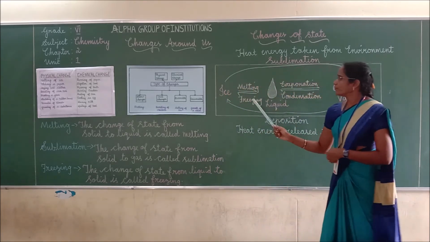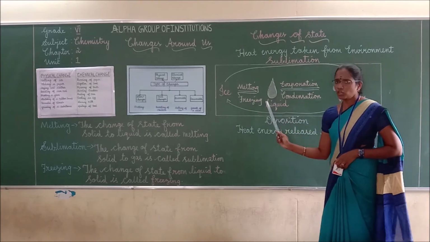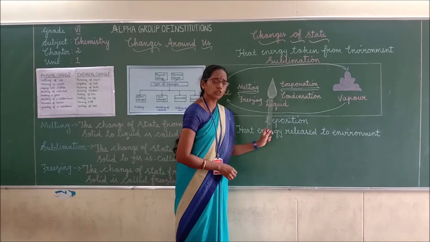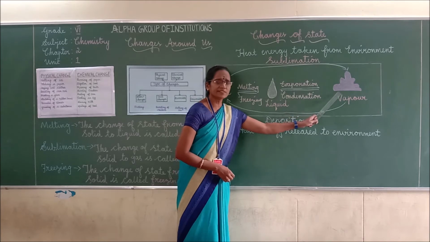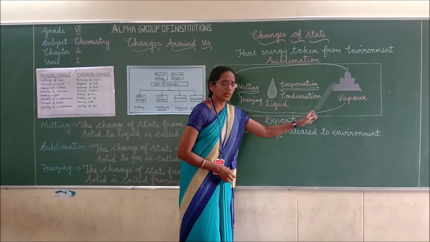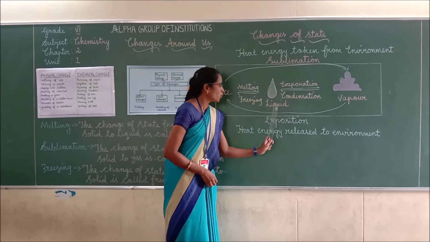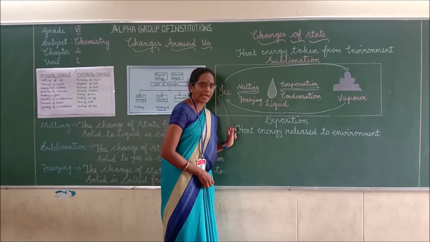Look at the board. Ice on melting turns into liquid. This liquid on evaporation turns into vapor. This vapor on condensation turns into liquid, whereas this liquid on freezing turns into ice.